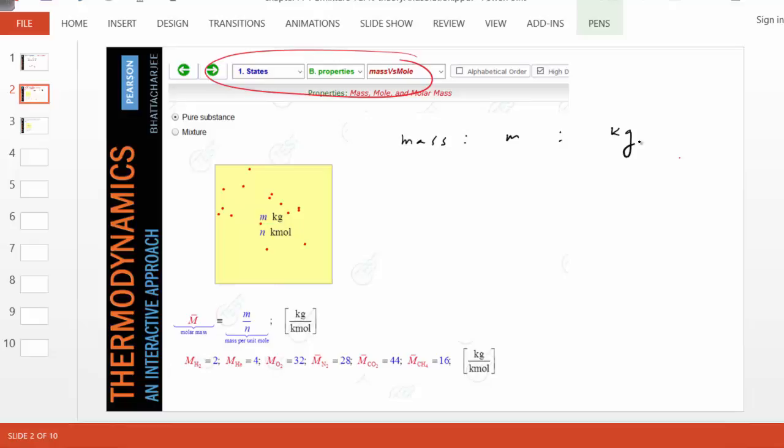The second way of expressing how much matter is there is to count the molecules. Again, here we are talking about a pure substance, and by the way, a pure substance means if you scoop a little bit of material from here versus there, you'll have the same composition. So air in your room right now is a pure substance, because if you scoop out some air from one corner versus another corner, you'll have the same amount of oxygen and nitrogen in it.